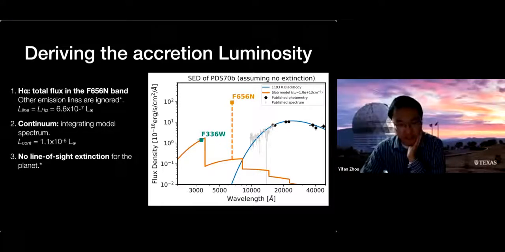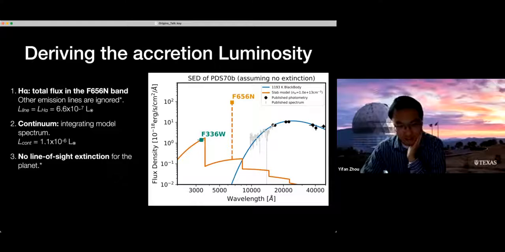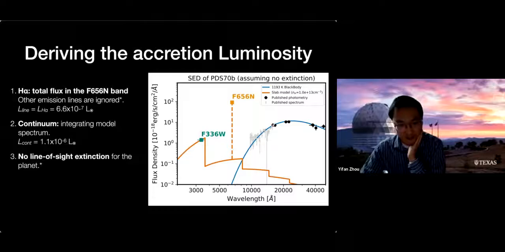Another important assumption I made here is that there's no line-of-sight extinction, which can also introduce quite a bit of uncertainty, which I will discuss later. So this gives us a nominal accretion luminosity that we can measure from our observation, which is about 1.8 times 10 to the minus 6.